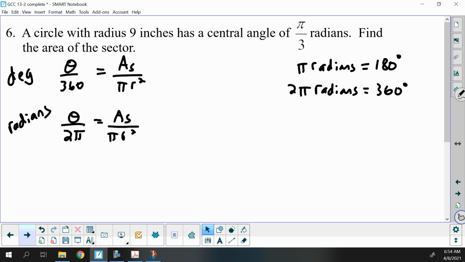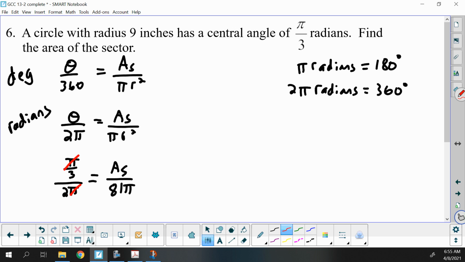So now we'll just fill things in. We've got pi over 3 all over 2 pi is equal to our area of a sector. Pi times 9 squared is going to give us 81 pi. So our pi's are going to divide out.